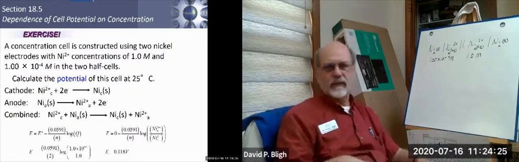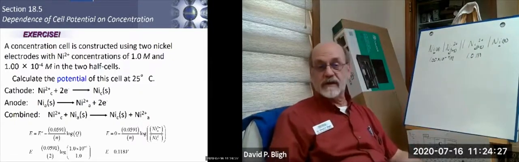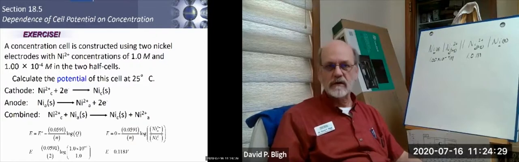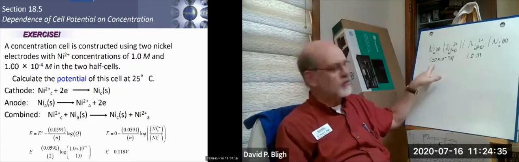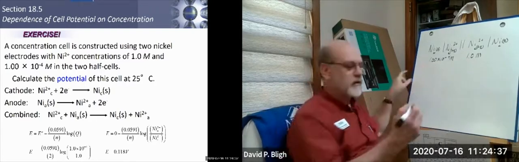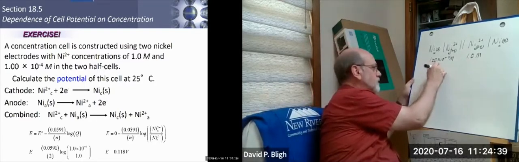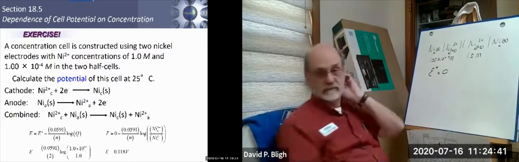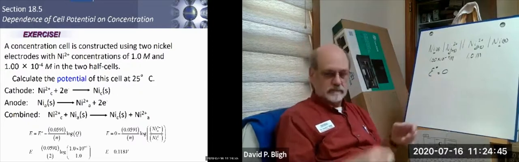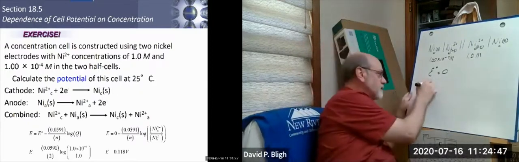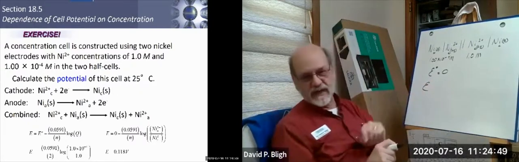What is the standard potential for a concentration cell? Standard potential would have that 1 molar and this 1 molar. So E0 is 0. Right? That's a given. What we want is the actual potential.